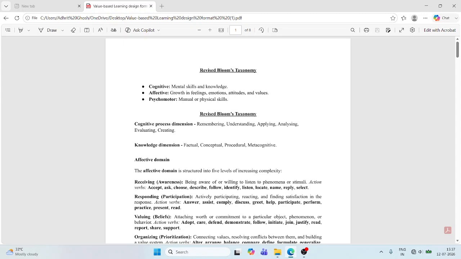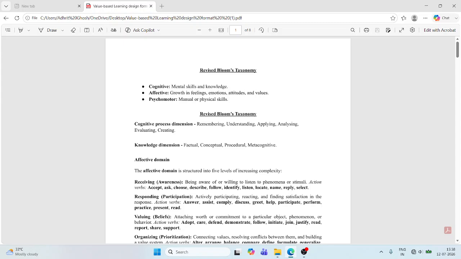Cognitive domain assesses basically the mental skills and knowledge. Affective domain assesses the growth in feelings, emotions, attitudes, and values, and the psychomotor domain pertains more to the manual and the physical skills as outcomes.